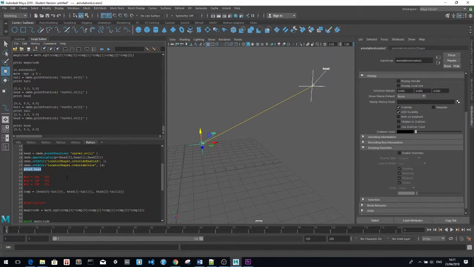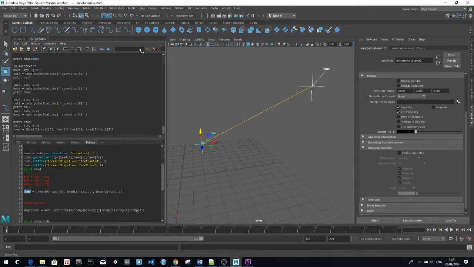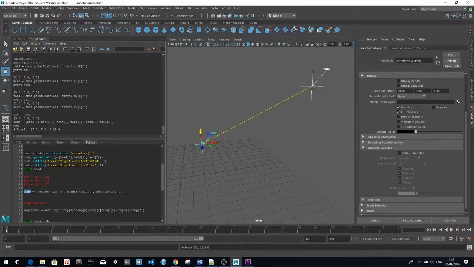To do this, we take each of the x, y, and z tail positions and subtract them from the respective x, y, and z head positions. That's basically what this line here is doing. For each index position of the tail, it's taking it away from the head and giving us delta x, y, and z in this components list. If we run that and print it, we can find the components as 7, 5, and 6.